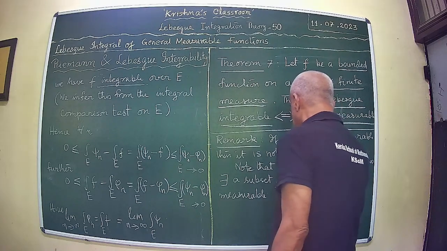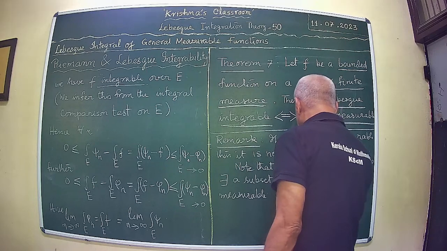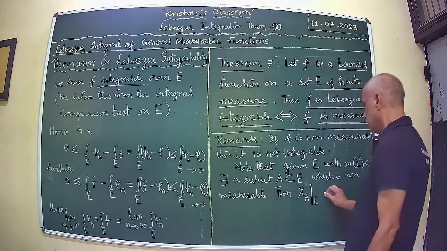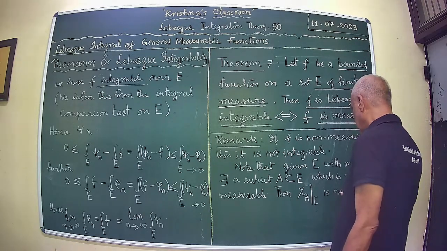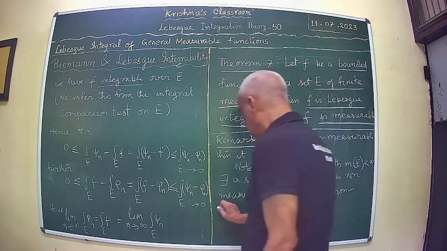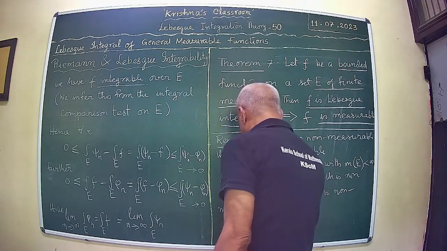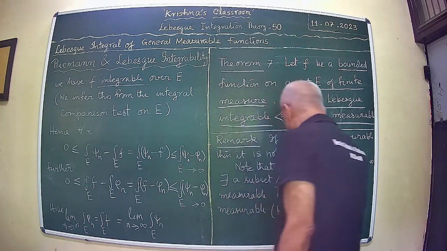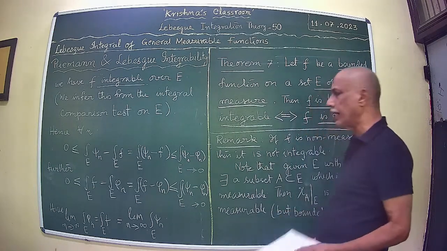Then the characteristic function of A restricted to E is non-measurable. But bounded, because it takes the value 1 or 0.